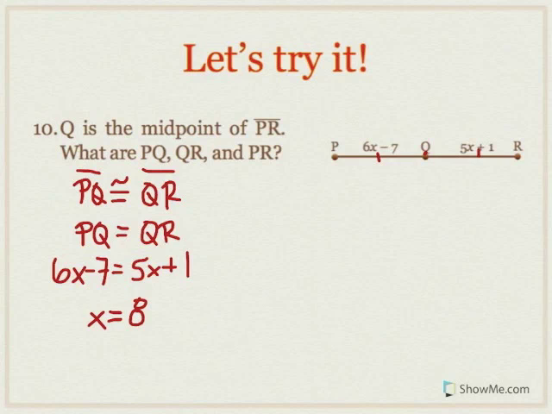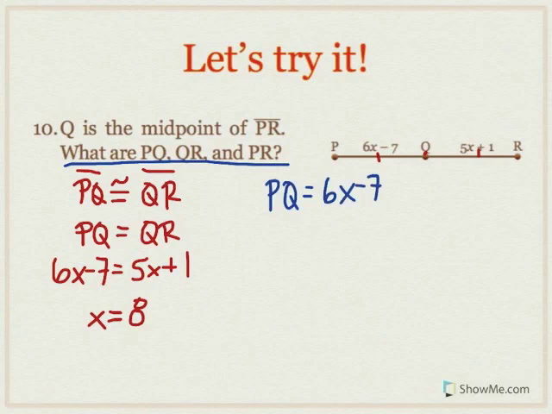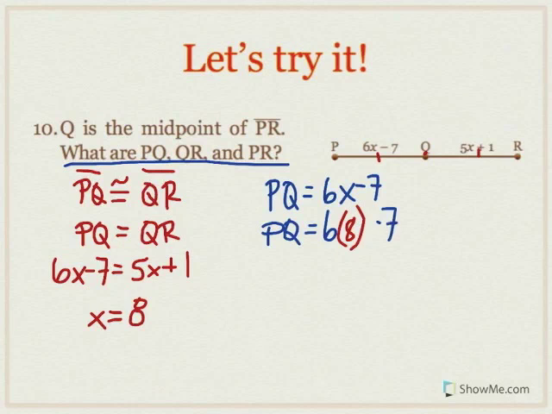Let's go up to the top now and look at our question here. What are PQ, QR, and PR? We can quickly find PQ because we know that that's 6x minus 7, so substituting in the value that we just found for x, we can do some simple arithmetic and find out that PQ is equal to 41.